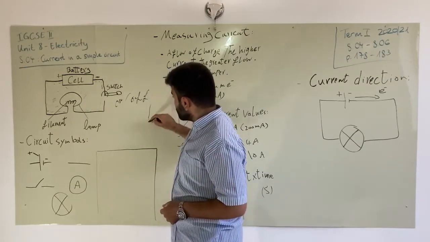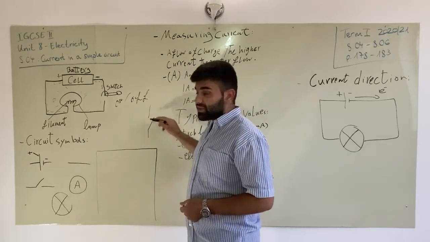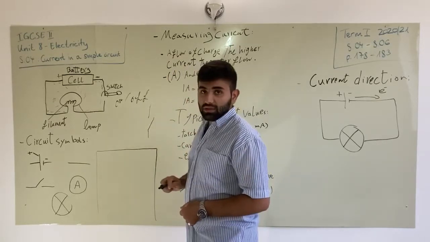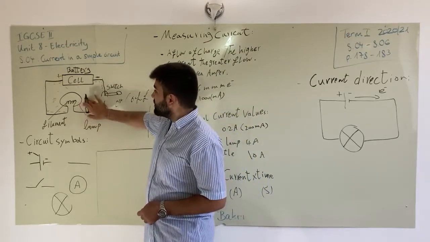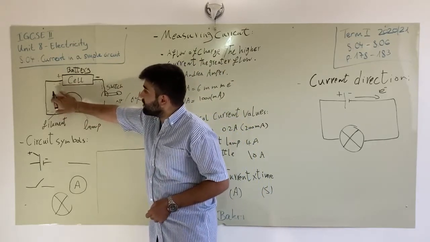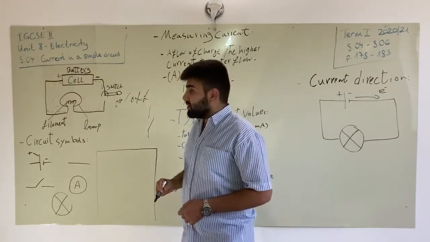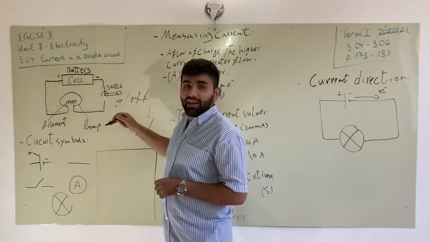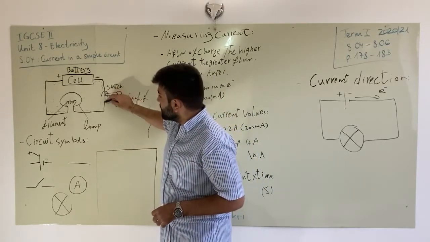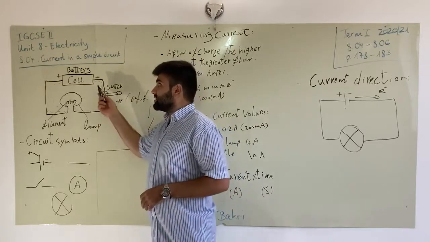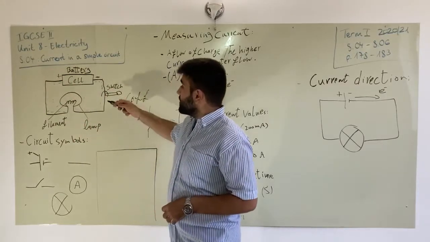If you look closely at the switch, it will look like this, the symbol for the switch, so it won't be connecting. So what will happen? The lamp will be turned off. Why? Because the switch is open, so we don't have a complete circuit from the negative to the positive pole.